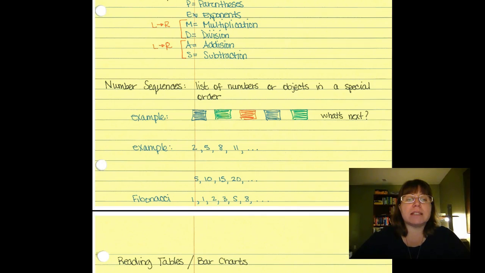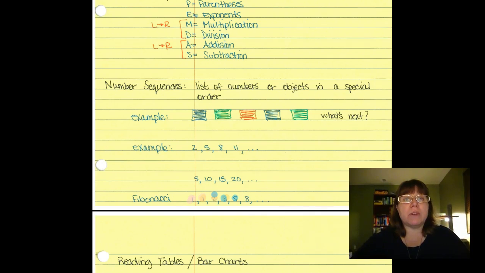Now what comes next? I take 1 and I add it to 1. So my next number is 2. But now to get to the next value, I take 1 and I add 2 to it. So 1 plus 2 is 3. For my next value, I take the 2 and the 3, add those together, and I get 5.